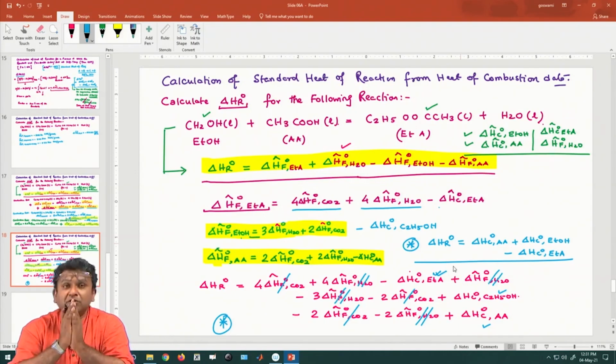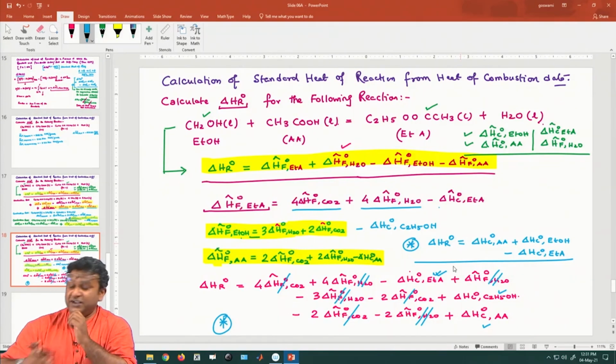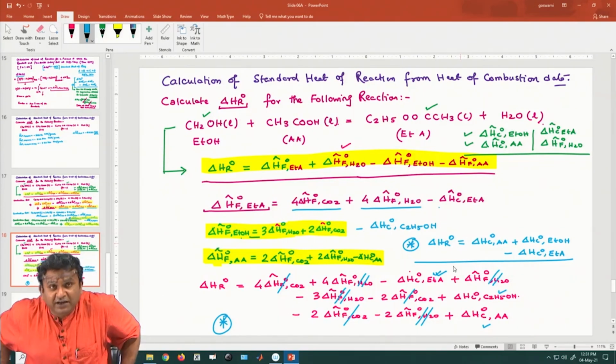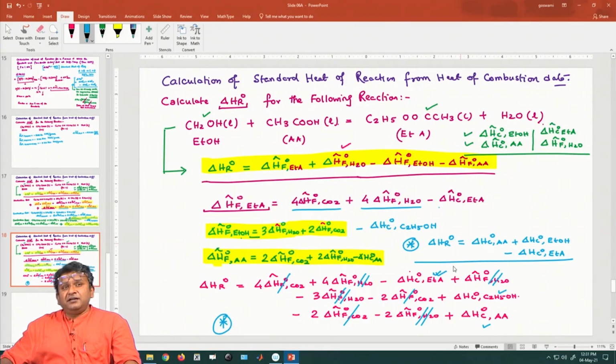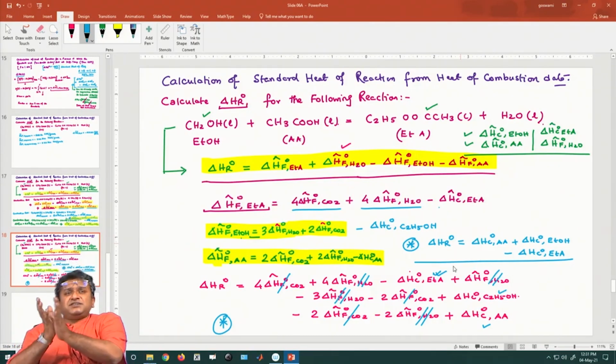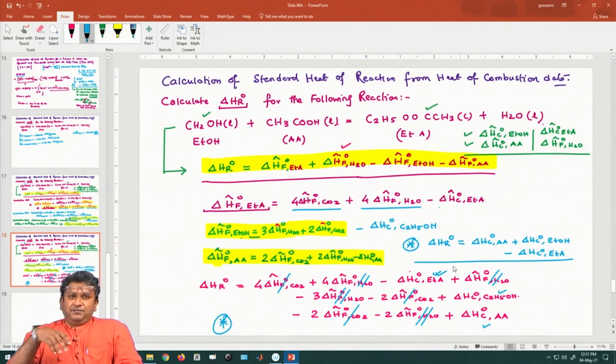What is interesting to note is when you are writing the heat of reaction, or the standard heat of reaction, in terms of the heat of formation data, it is actually the summation of the heat of formation of the products minus the heat of formation of the reactants, right.